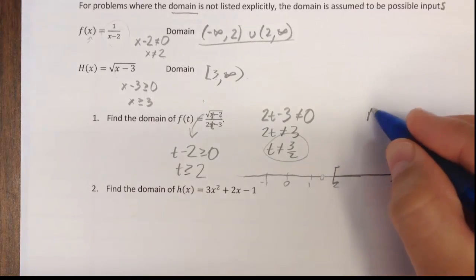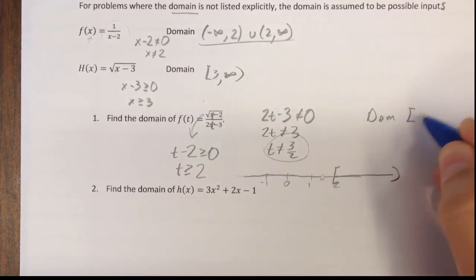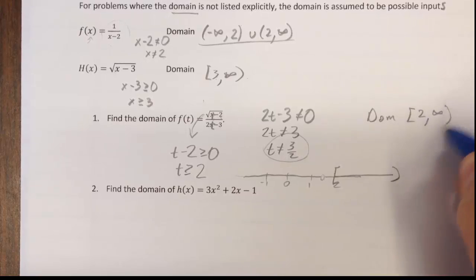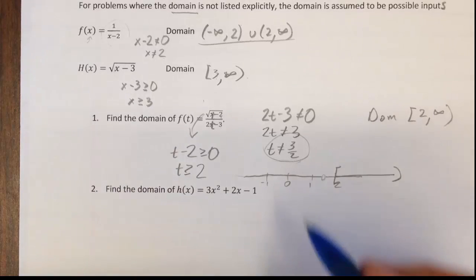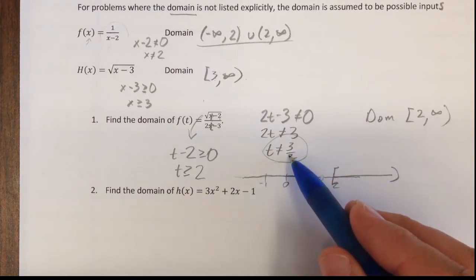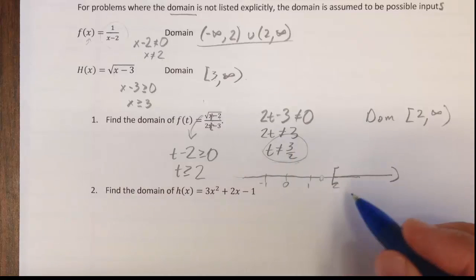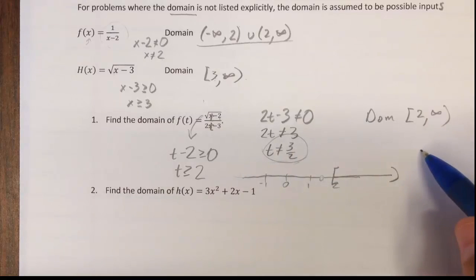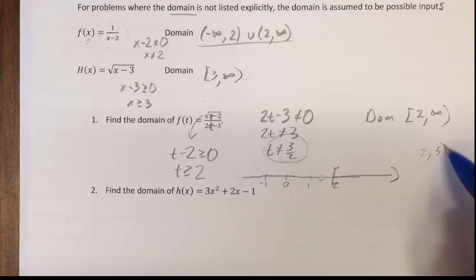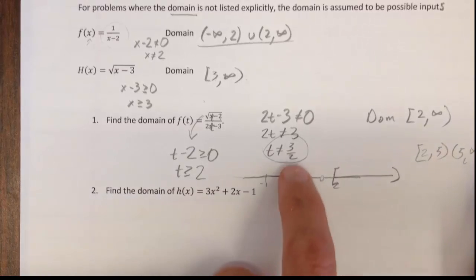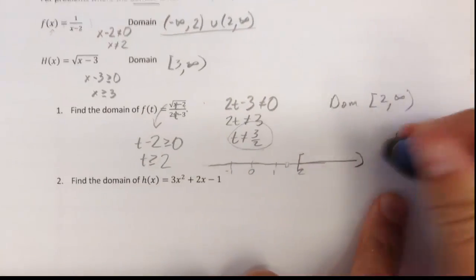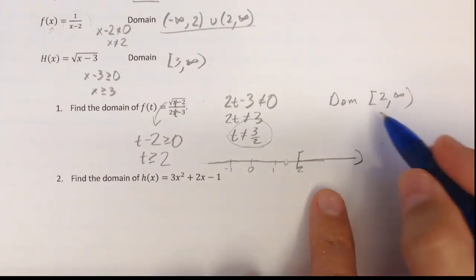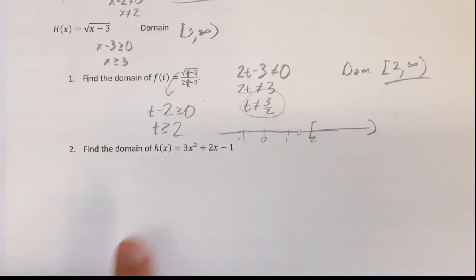So the answer to this, the domain, is 2 to infinity. This piece might play a role or might not. Notice that if this piece was something like t not equal to 5, you'd go, say, t up to 5, and then 5 up to infinity. This forces you to ignore the point 5. Now that's not our case, so I'll erase that so we end with our case. I just want you to know there are different cases there.